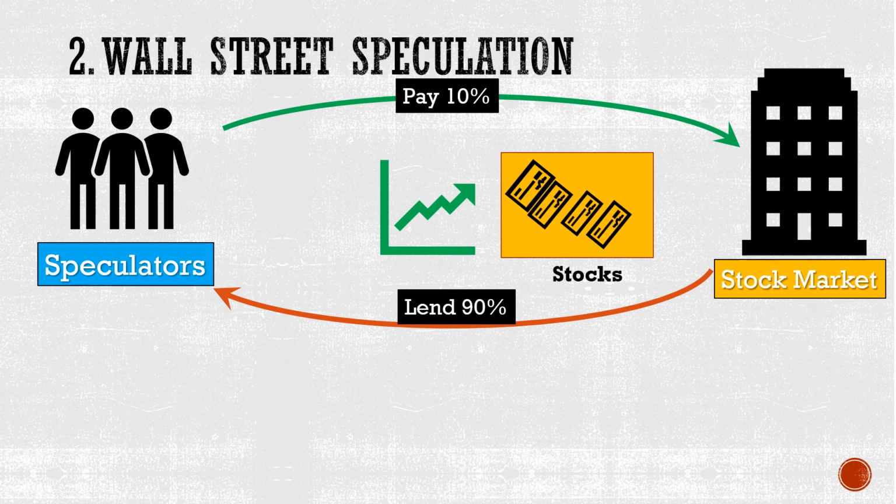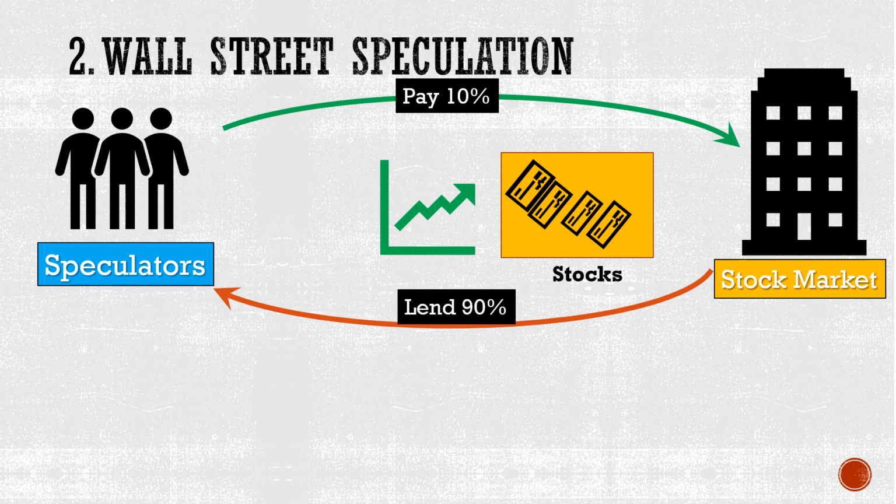Now again, there's no problem with this as long as the stock price goes up, because at the end of the day, the stock will be more valuable, the investor will be able to make money, and the firms that sold the stock will be able to have their debt repaid.